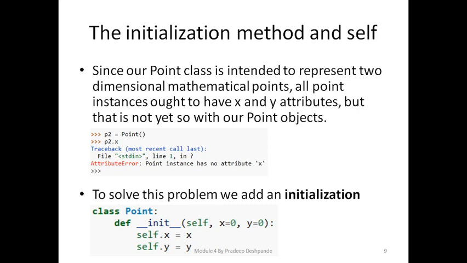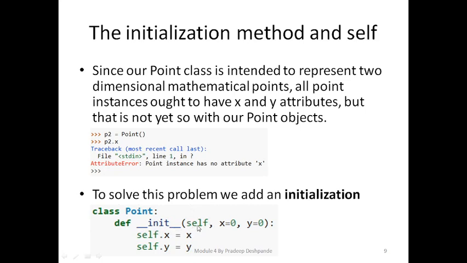For any class we define, it is better to use the init function inside it, so that it will initialize the attributes of the class. Say for example, we have taken an initialization function here, class Point, define __init__. There are two underscores before init, two underscores after init, then parentheses.